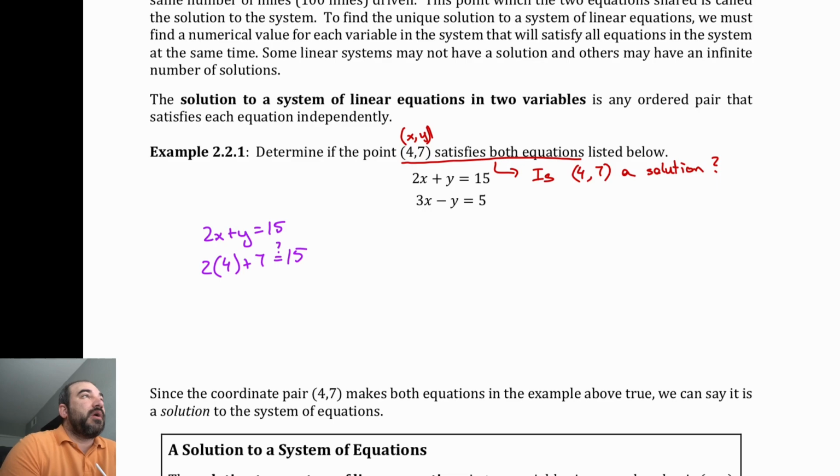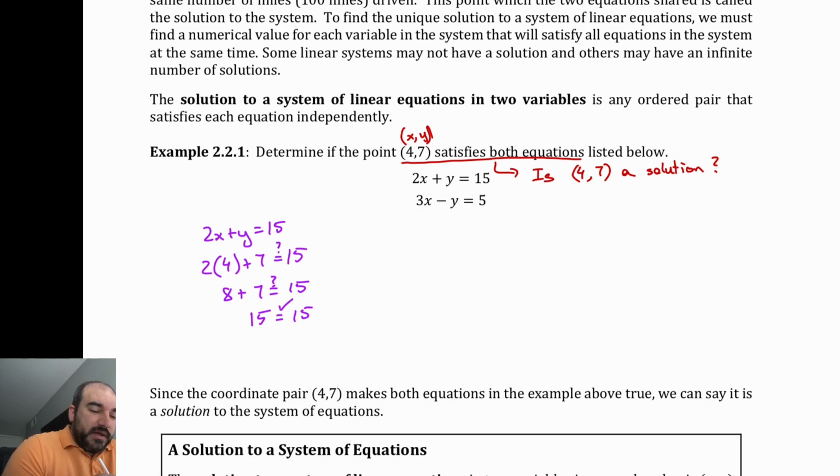I'm going to put a little question mark above the equals. 2 times 4 is 8, so we have 8 plus 7 equals question mark 15. And then we see that 15 equals 15. So I'm going to put a little check mark above my equal sign, saying that (4, 7) does satisfy that first equation.